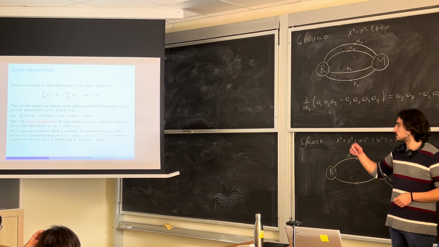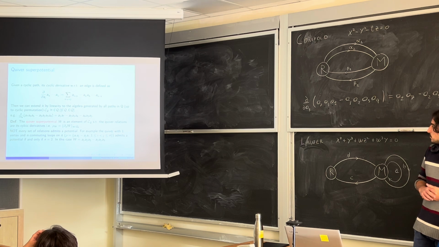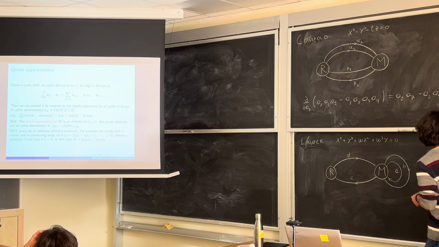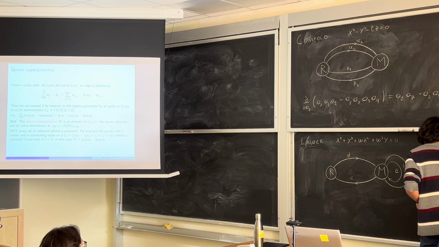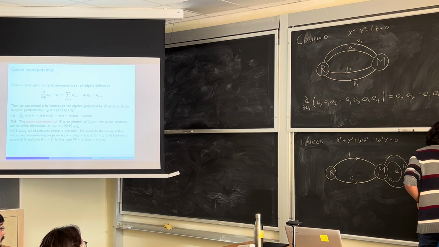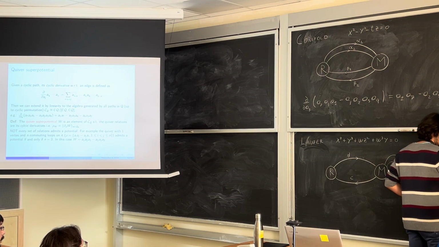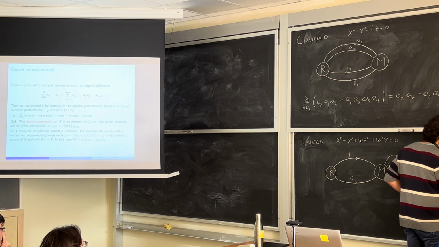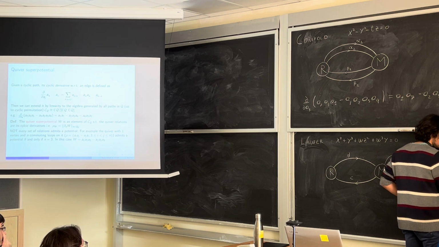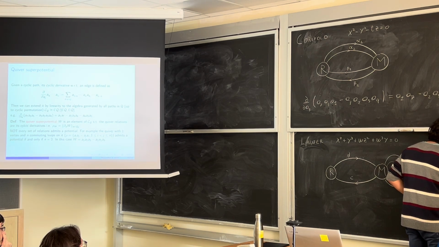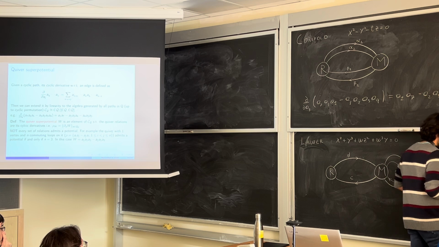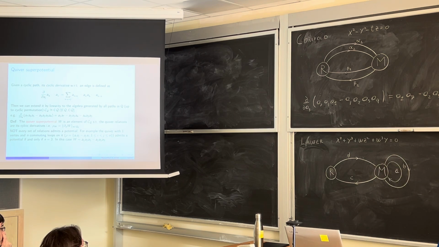Here I just stated an example: the quiver with one node and n loops, A1, A2, up to AN, with the relations that every loop commutes, admits a superpotential if and only if n is equal to 3.